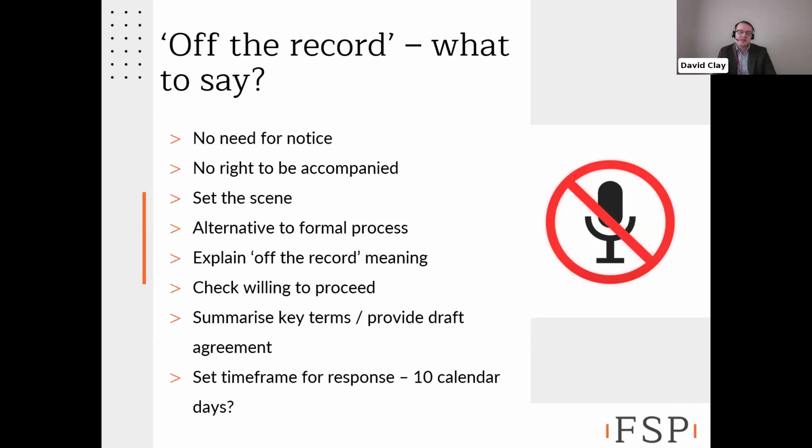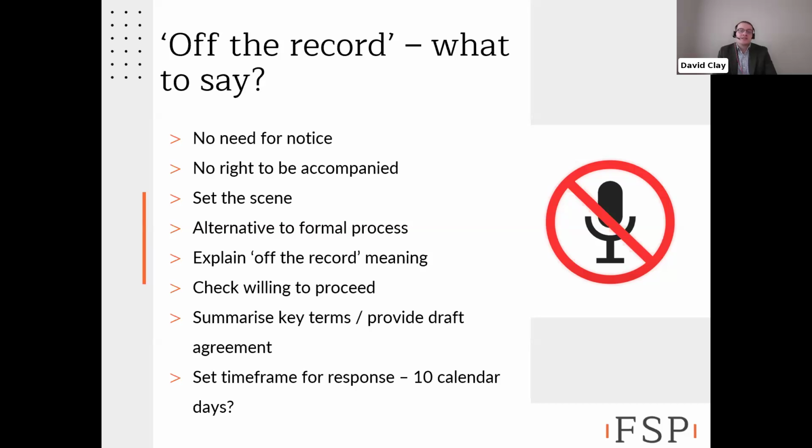The ACAS Code of Practice on settlement agreements recommends being accompanied as good practice, but I think in reality, very few employers do that, and I don't think it would be particularly helpful in the context of a confidential discussion about an employee's own employment and potential exit terms.